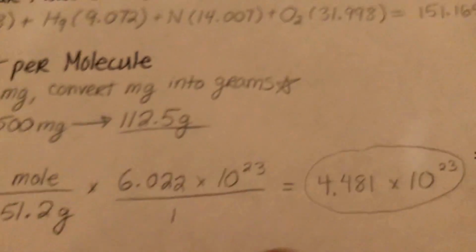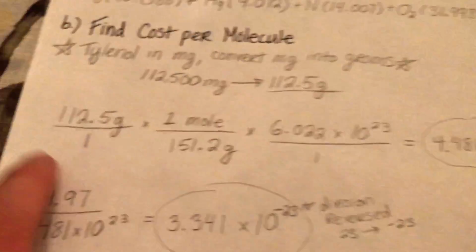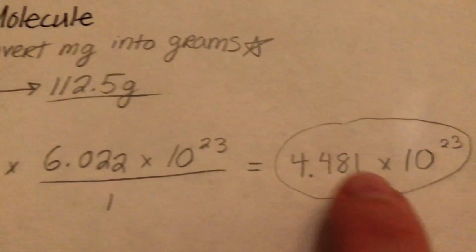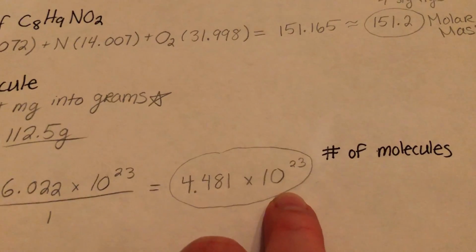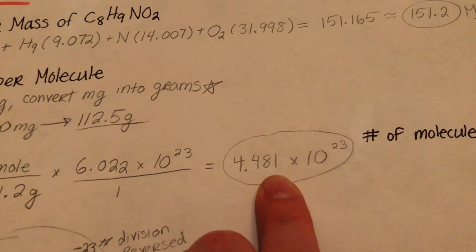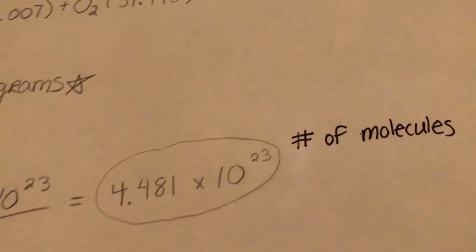So you plug this in, divide top and bottom, get this number to 4 sig figs, and then add this onto there. So this is the number of molecules we've converted.